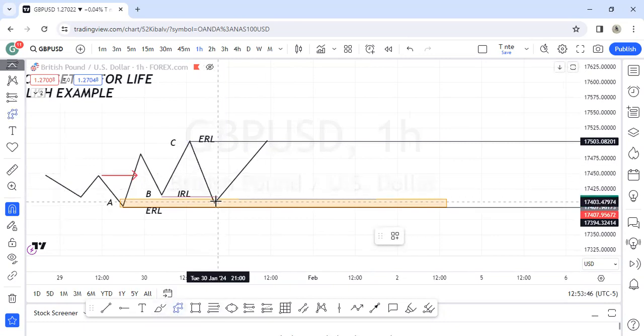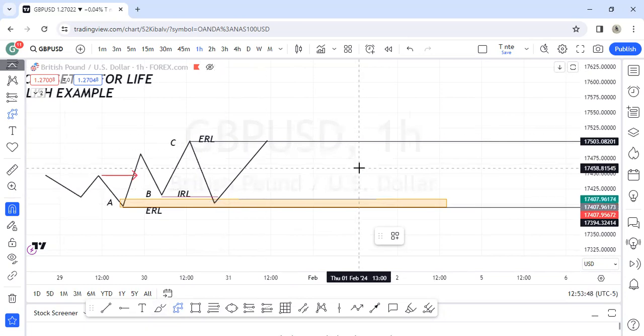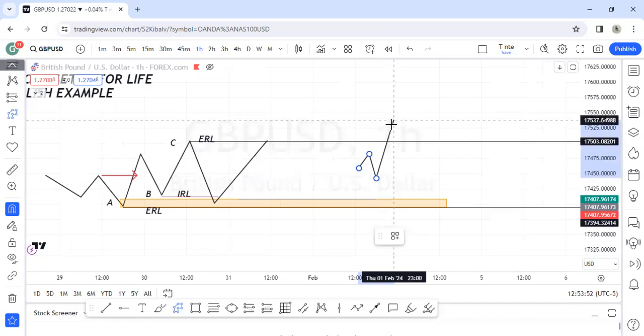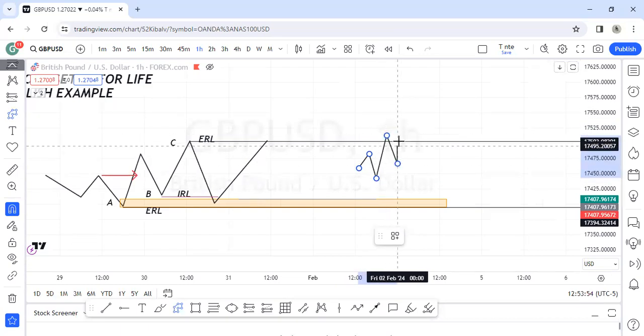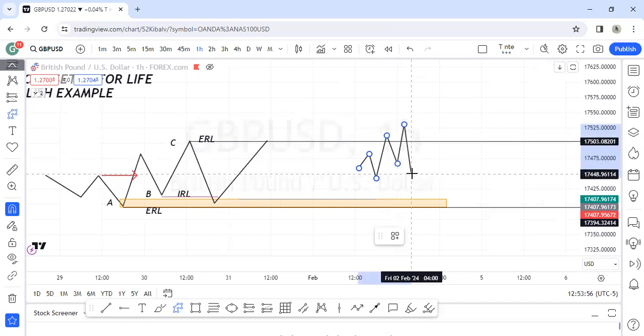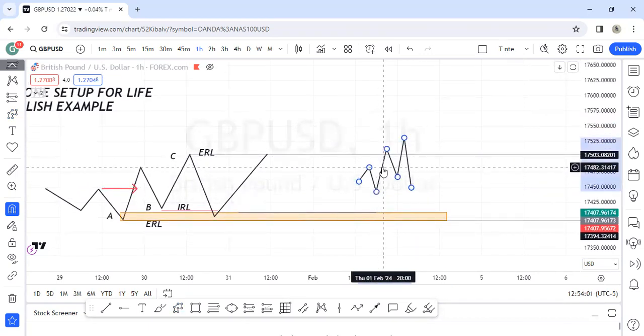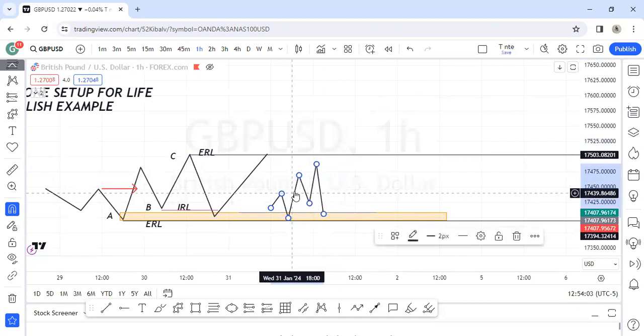The market should do the same thing on the lower time frame for your entries, the same thing you're looking out for when the market hits that other block.